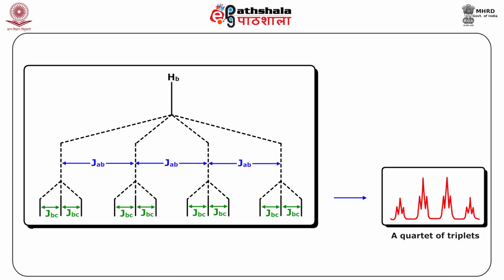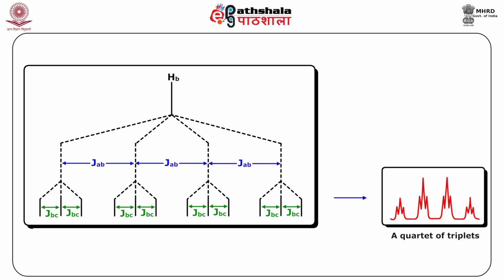Now, we have the chemical shift of Hc hydrogens in the most downfield region, and it shows a triplet due to coupling, and its coupling constant will be JBC with 2 equivalent protons, that is Hb.